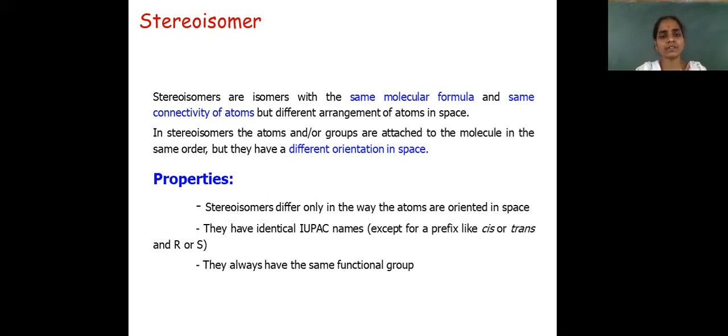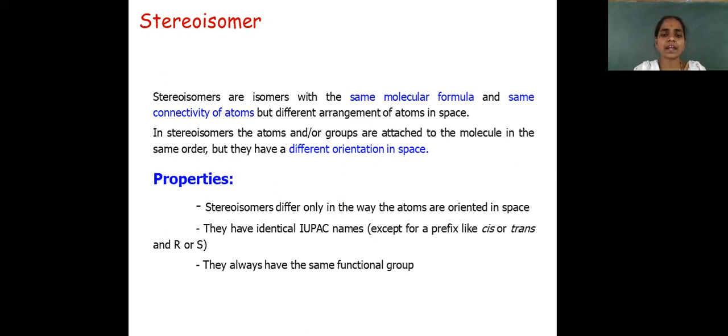Based on the orientation of the atoms, the spatial arrangement takes place. Stereoisomers differ in the way their atoms are spatially oriented, and have the same IUPAC name but differ in configuration.